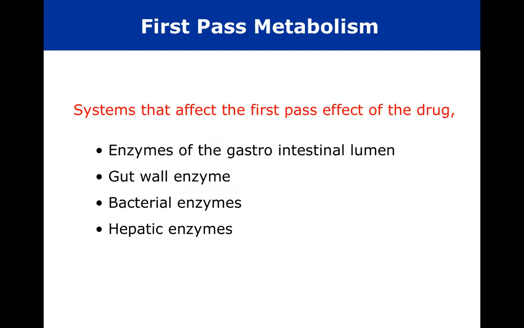The systems that affect the first pass effect of the drug are actually several enzymes. One of them is the enzymes of the gastrointestinal lumen, the second is the gut wall enzymes, the third is bacterial enzymes, and finally the hepatic enzymes.